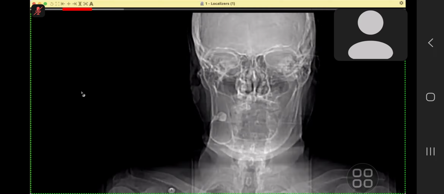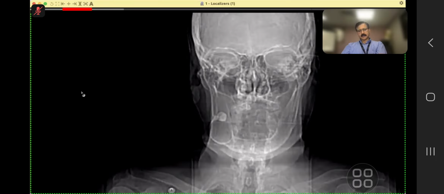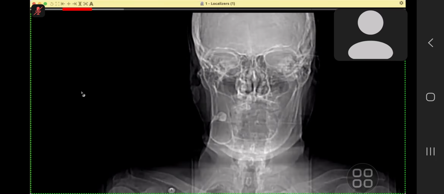On the sagittal sections, I'd like to see whether it is related. Do you want to see it on the scout? On the scout images, I can see that it is probably related to the root of the tooth, so it can possibly be a periapical cyst.